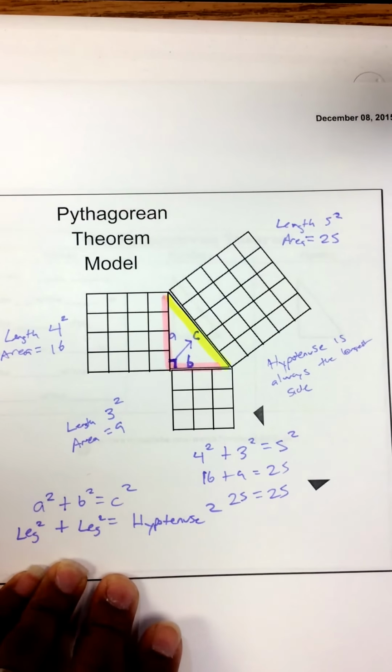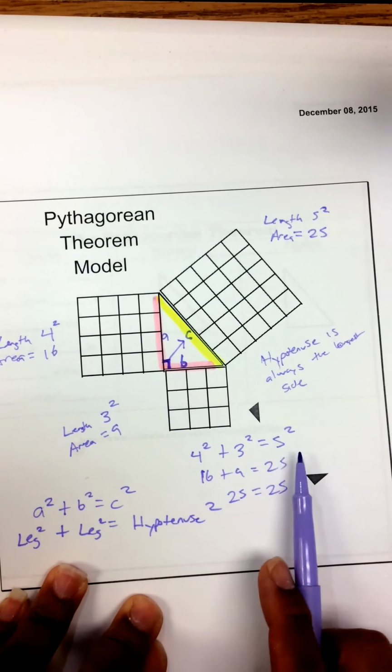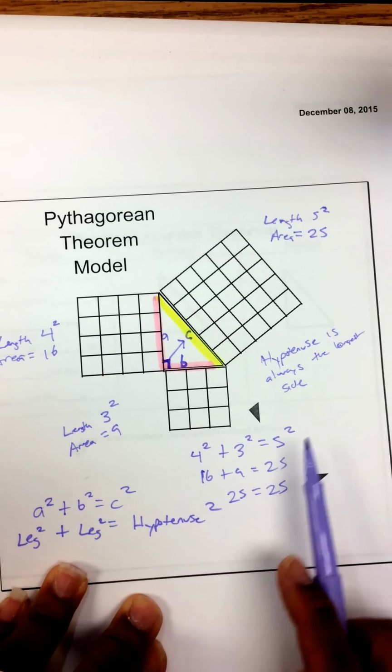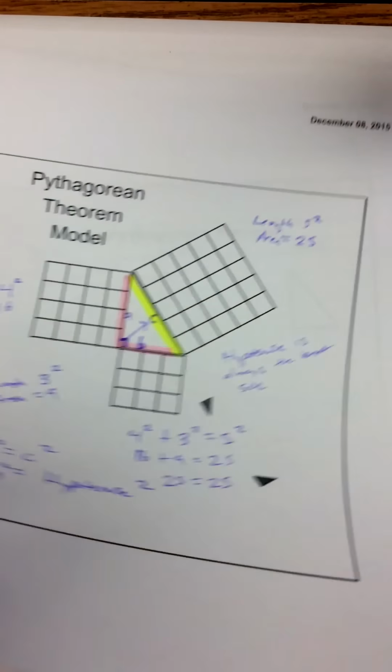Okay? Now, let's take a look at some more notes. And also I want to stress to you guys, I'm going to talk a little bit more about when you put this in the calculator, it automatically solves everything for you. Okay?